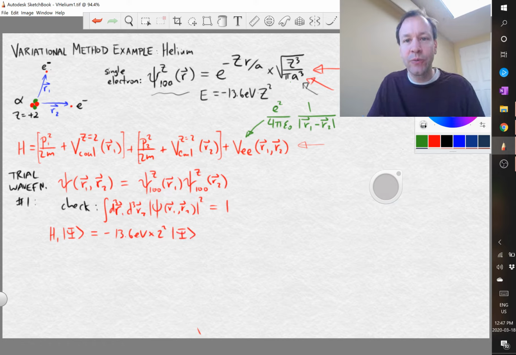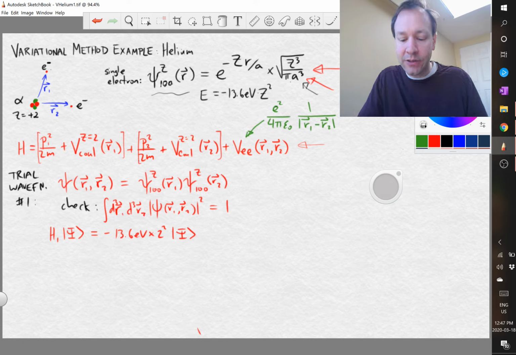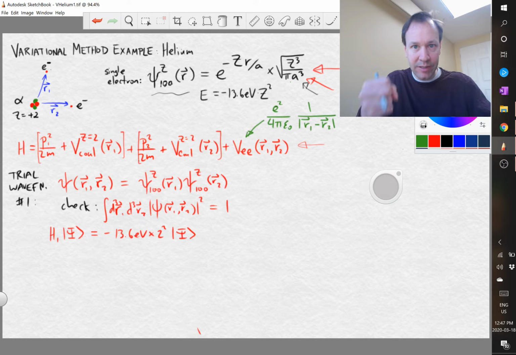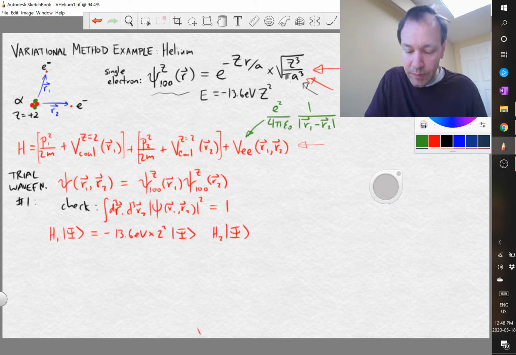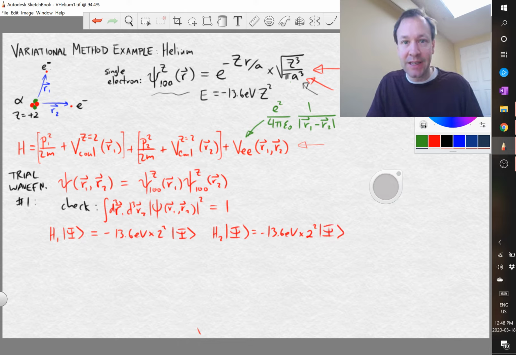That's because we've chosen the trial wave function to be the right wave function for the problem where you would just have the two separate electrons. For that state, the energy of the first electron would be minus 13.6 electron volts times Z squared, and the energy of the second electron would be minus 13.6 electron volts times Z squared, which is 2 squared. And then the total energy, if you didn't have interactions, would be the sum of those.